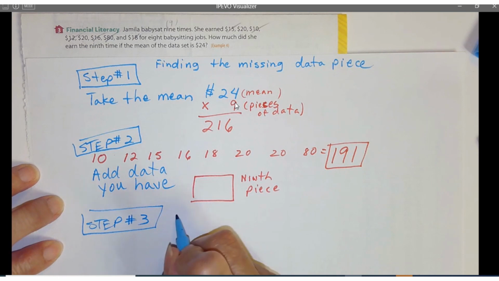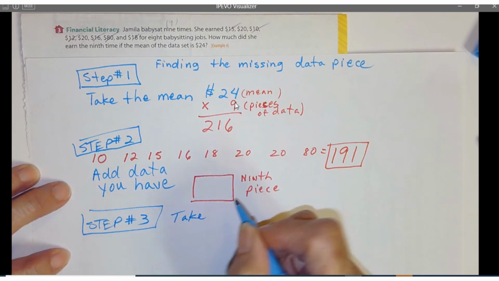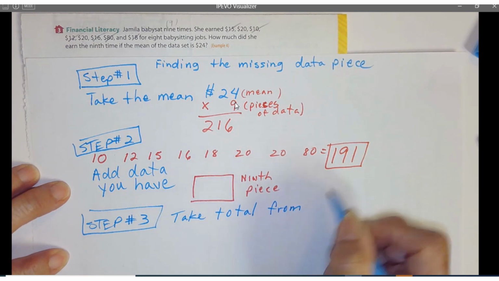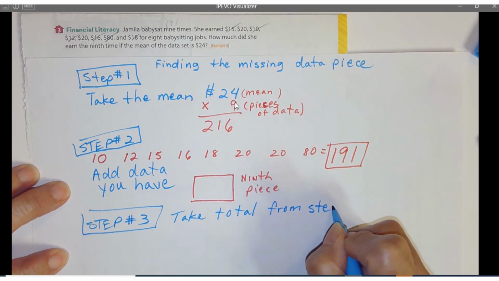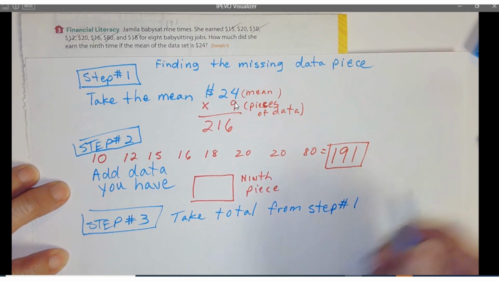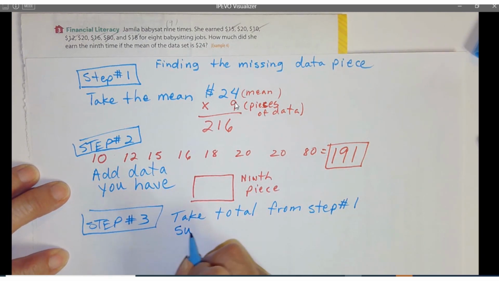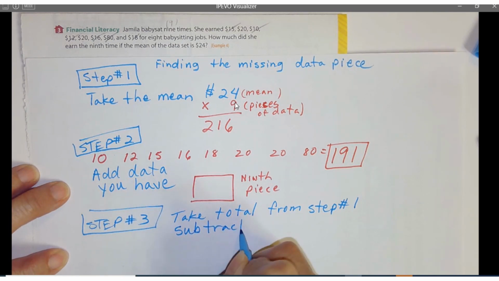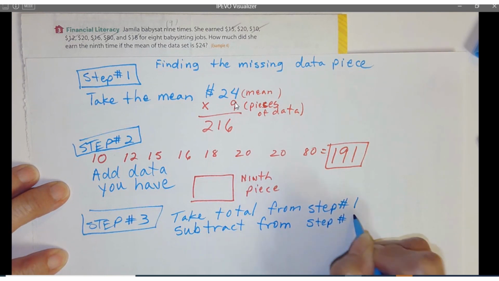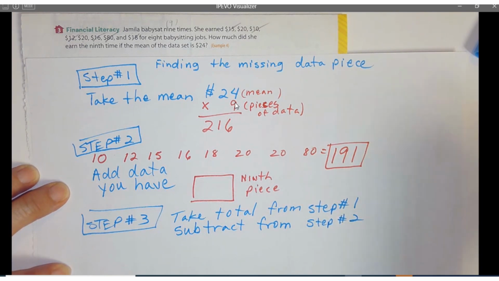Okay, now take the total from step number 1 and subtract it from step number 2. It's going to look like this. Number 1 is 216.